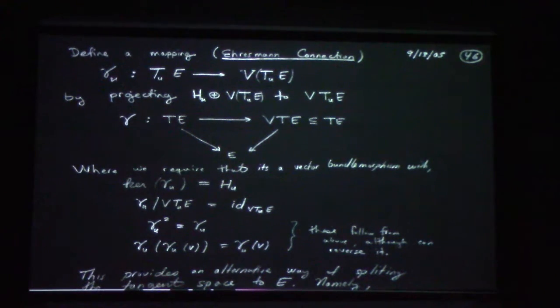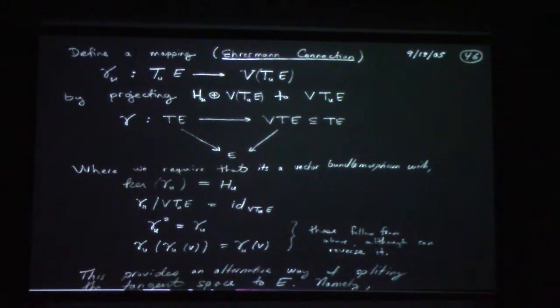That makes sense because the connection, if we're given one, tells us we can select a vertical and a horizontal piece for each tangent vector to E. So this is just taking advantage of that. We basically feed gamma a vector up here, and it spits back the vertical piece.